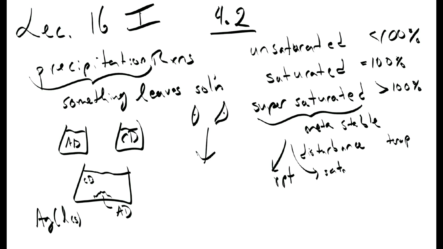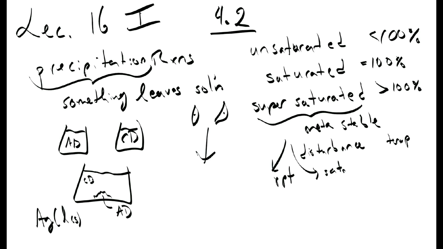In some cases, if you set it up really, really well, it can be just a loud noise. A clap is enough of a disturbance. And then you'll just get solid coming out of solution, and you'll have a saturated solution left behind. All right, so that's what you get for precipitation. Just something coming out of solution, leaving you with a saturated solution of the precipitate.